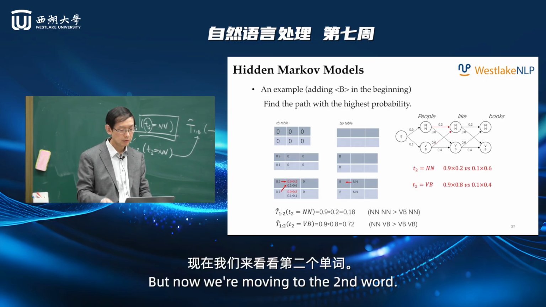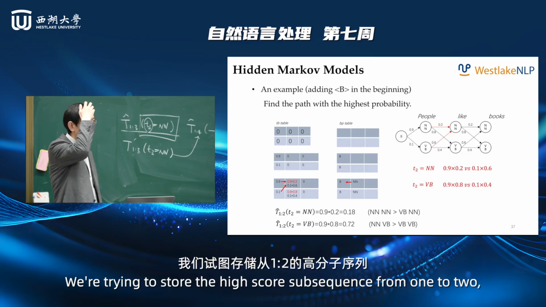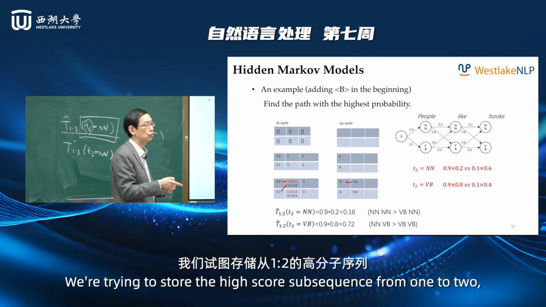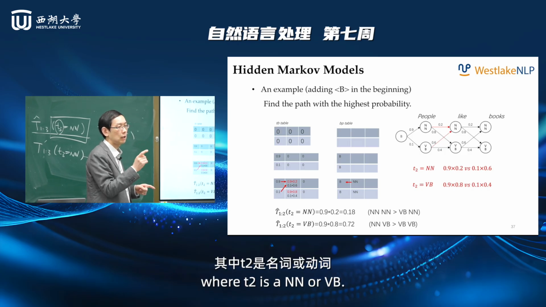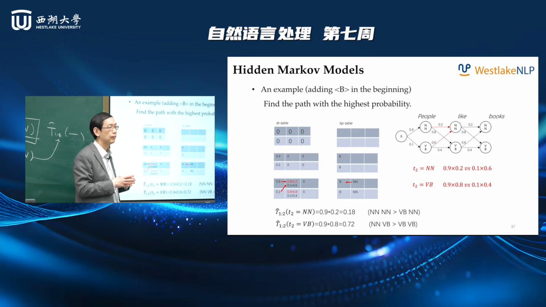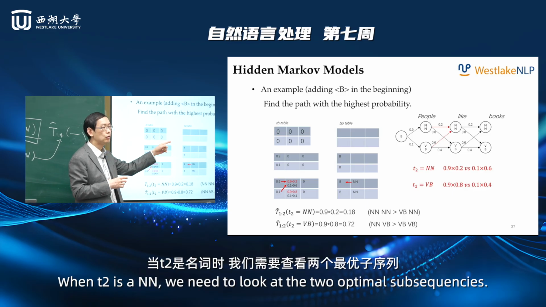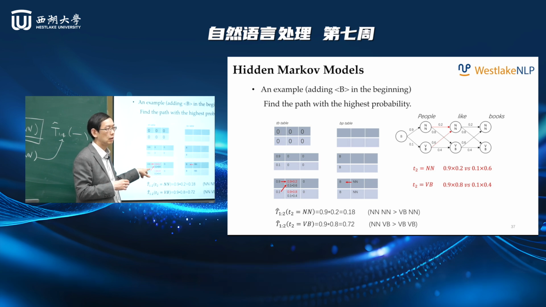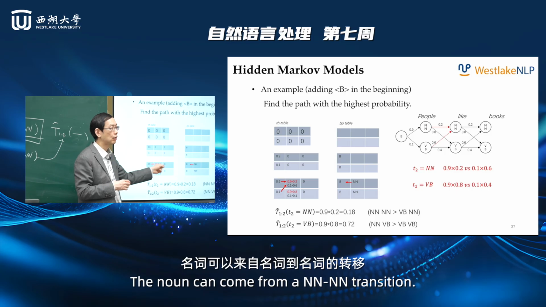we're moving to the second word. We're trying to store the highest scored subsequence from 1 to 2, where T2 is a noun or verb. Let's first look at when T2 is a noun. So when T2 is a noun, we need to look at the two optimal subsequences, right? The noun can come from a noun-noun transition.